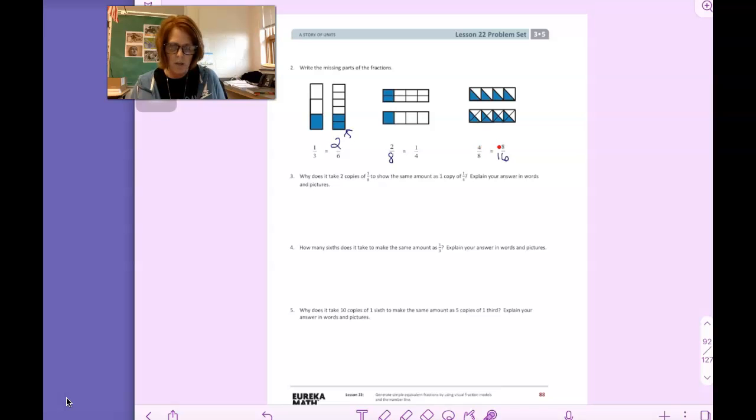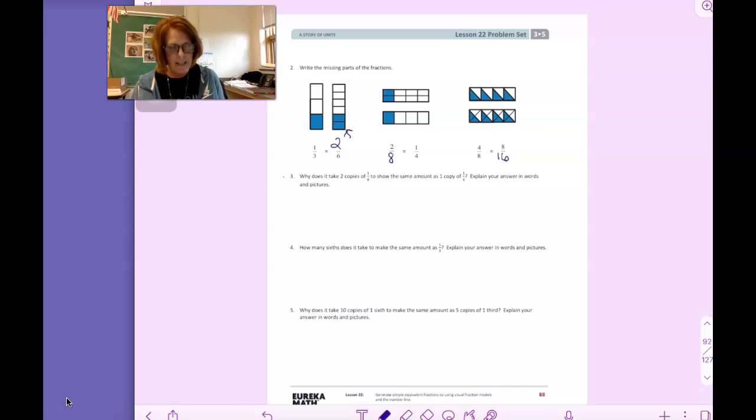We go from 4 to 8, 8 to 16. In each case, we're doubling the numerator and the denominator. We're multiplying by 2. So 1 times 2 equals 2. 3 times 2 equals 6. 1 times 2 equals 2. 4 times 2 equals 8. 4 times 2 equals 8. 8 times 2 equals 16. It's twice as much. Okay?